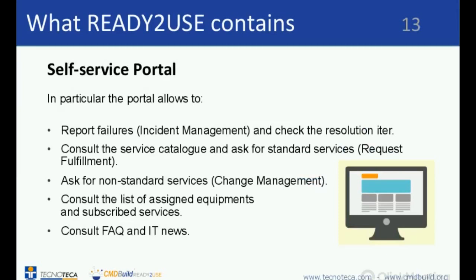Self-service portal. This is something we are, again, I'd like to stress that out, very proud of. The self-service portal allows you to report failures, the incident management, and check the resolution. It also lets you consult the service catalog and ask for standard services. This is the request fulfillment. You can also ask for non-standard services, the change management, consult the frequently asked questions, IT news, or any news of the company, and consult the list of assigned equipment and subscribed services.